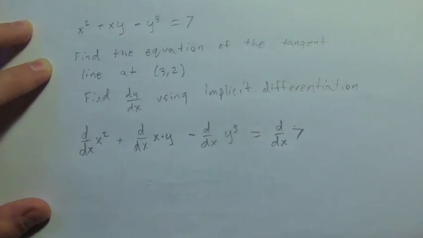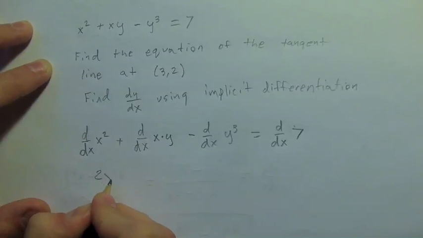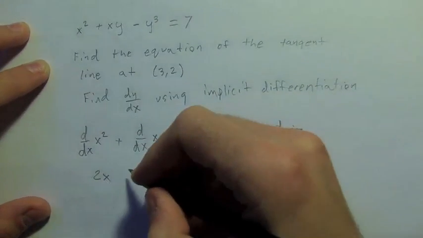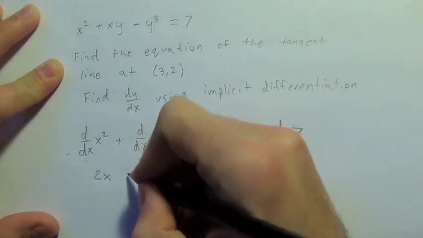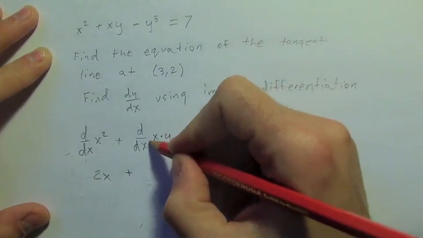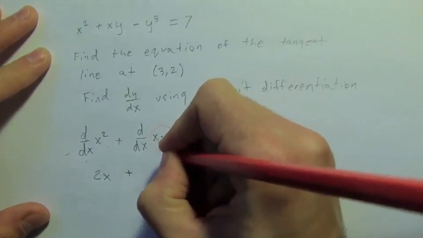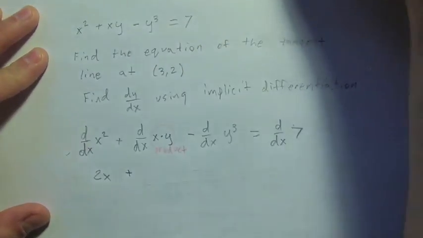Now the derivative of x squared with respect to x is just 2x, no problem there, hopefully. Now this next piece, this kind of throws students for a loop. For some reason, this is going to be a product rule because you have x times y.